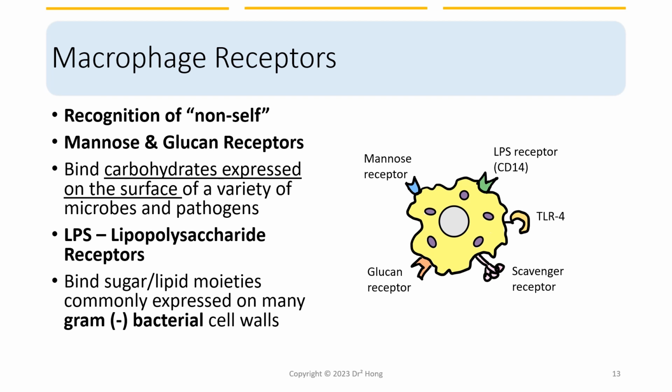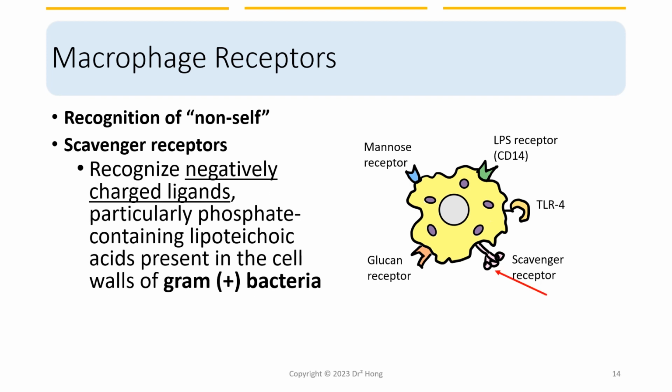And LPS receptors can bind to the sugar or lipid moiety, LPS, that is commonly expressed on many gram-negative bacteria cell walls. Scavenger receptors can recognize negatively charged ligands, particularly phosphate-containing lipoteichoic acid that is present in the cell walls of gram-positive bacteria.